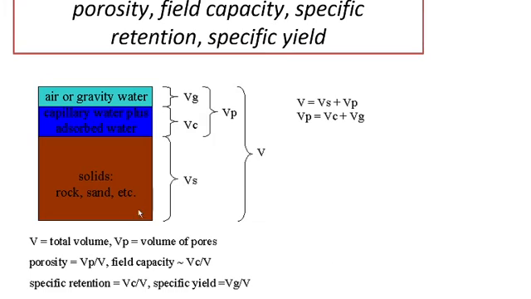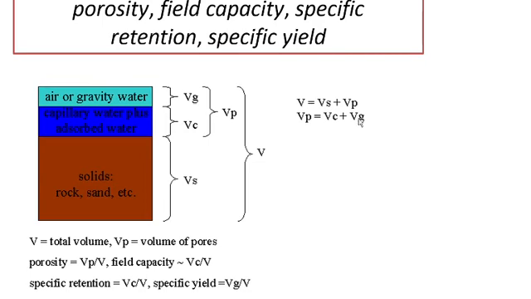Then some of this water is capillary water plus absorbed water. So Vp is equal to the volume of pores, in which we have the volume of the capillary water, and this water cannot be drained.